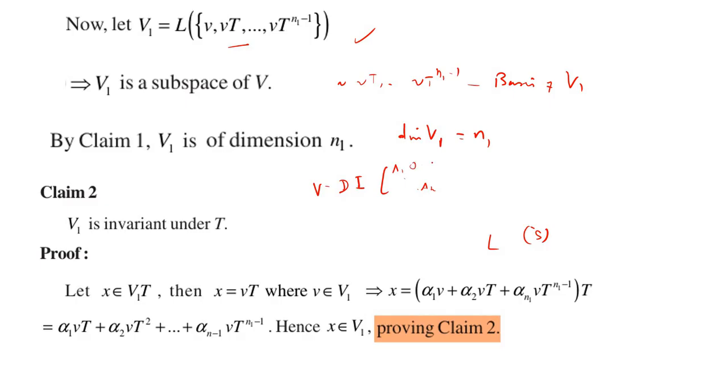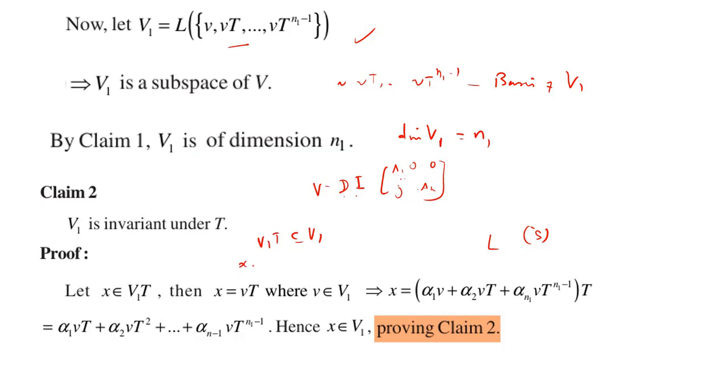This lemma needs to be used here, for which we need a direct sum of invariant subspaces. We have now got a subspace, and we should check whether V1 is invariant under T. That means we have to show that V1T is contained in V1.